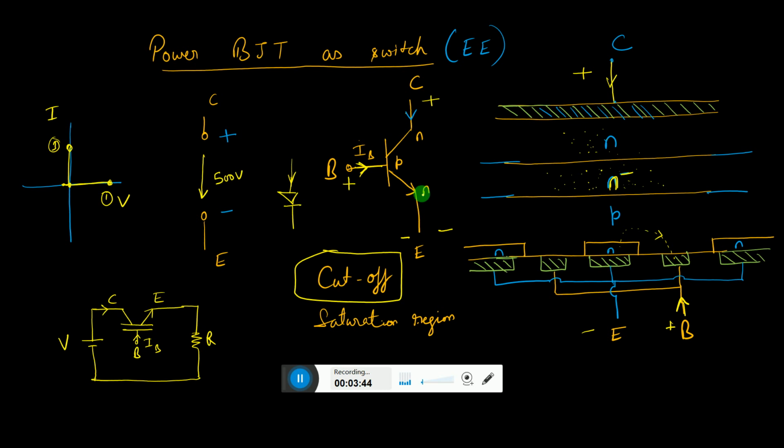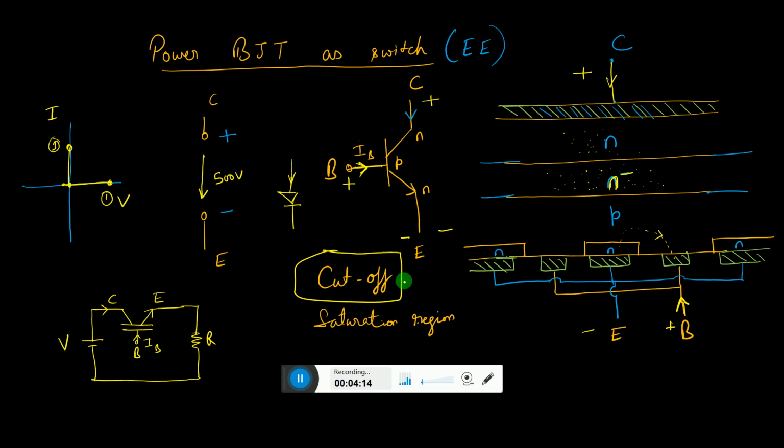as an amplifier, where they use it in the active region, so that they have control from the base and emitter, they give a positive and negative there, and they give a base current. By increasing the base current, the collector current increases. By decreasing the base current, the collector current decreases. But our objective is to use the switch in 2 regions.